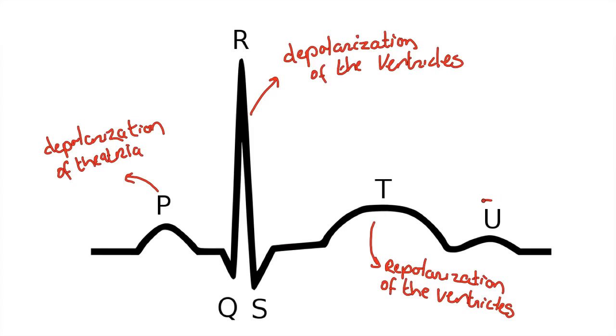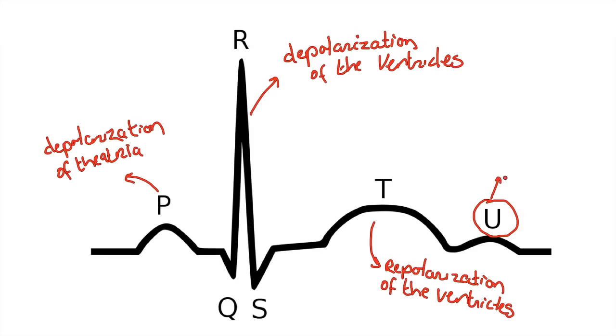Now, the U wave is one that you don't always see. It's sometimes hard to see, and in most cases, you don't really see it. But in some cases, you do see it. And in some cases, it can tell you something about when things are going wrong with the heart. We're not going to go into all those details, but I included it here because it was shown in this picture that I found, and because it does show up sometimes.